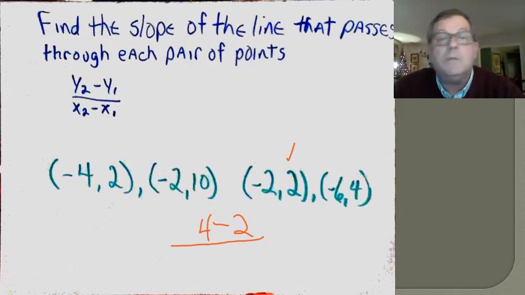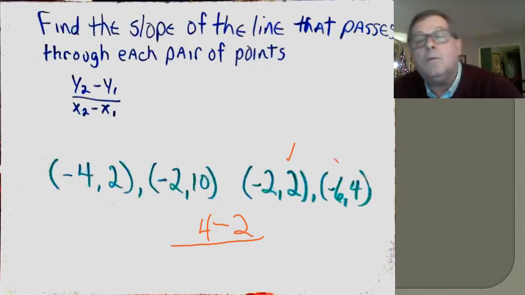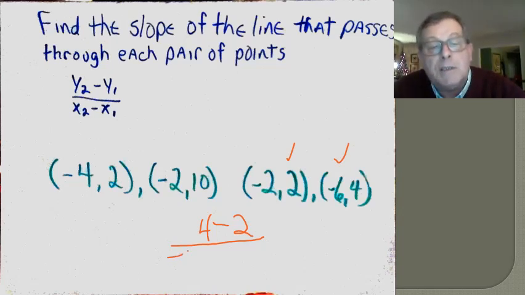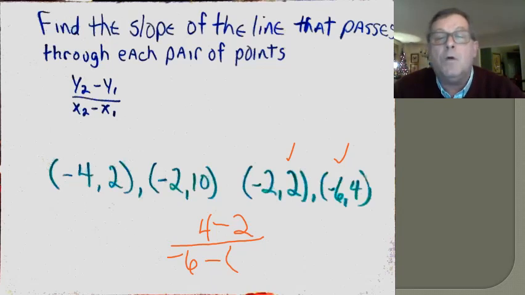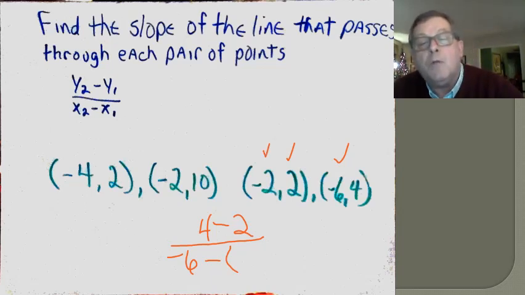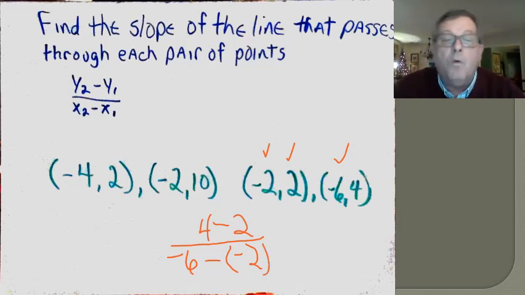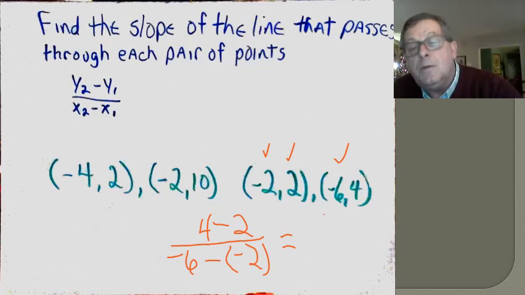How about my x2? Well, there's my x2, -6, minus, what's my x1? Well, I find my x1 right there. It's -2. So I've got 4 minus -2... well, 4 minus -2 is equal to 6.